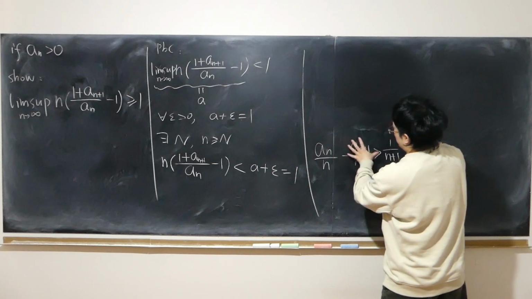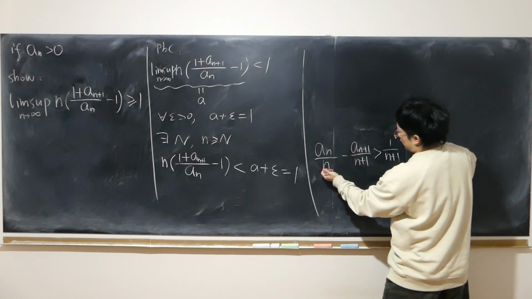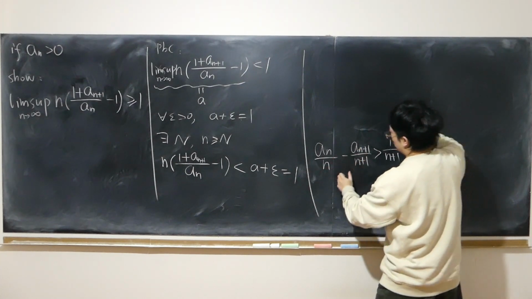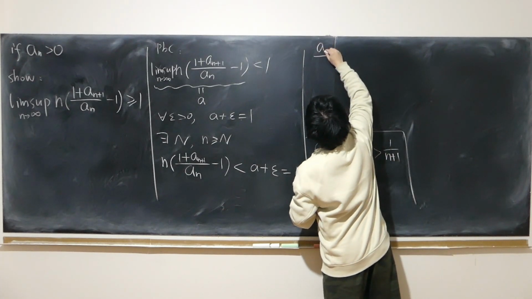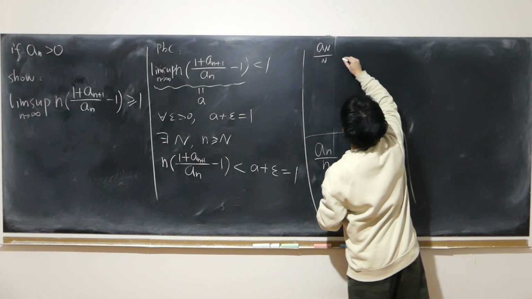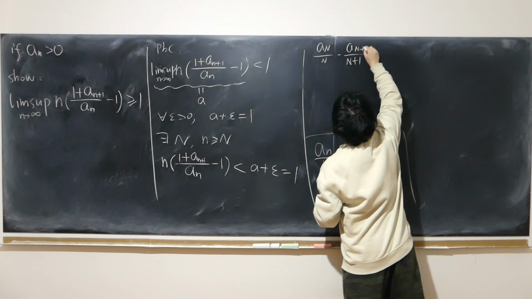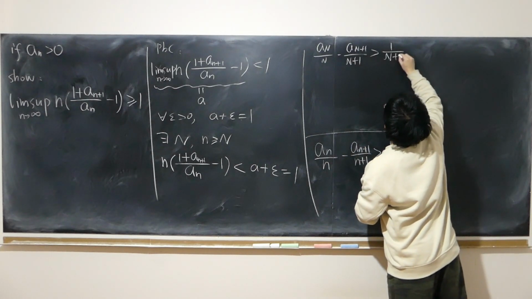So in other words, for n equal to capital N, I have this. For n equal to capital N plus 1, I have this. For capital N plus 2, I have this. So in other words, a capital N over capital N minus a capital N plus 1 over capital N plus 1 is bigger than 1 over capital N plus 1.